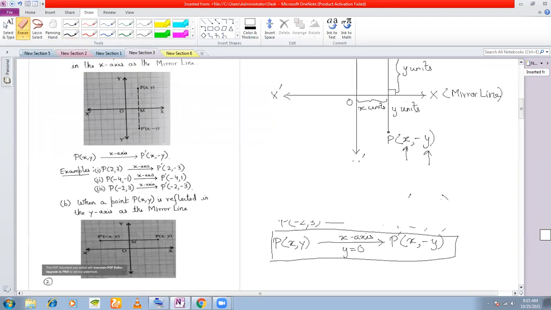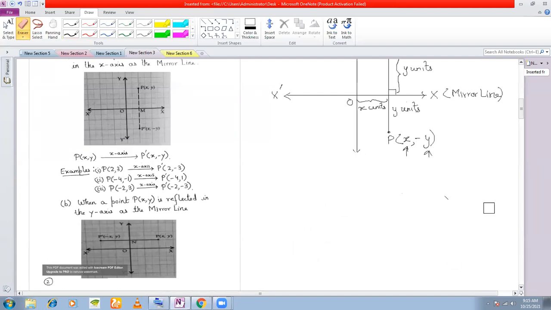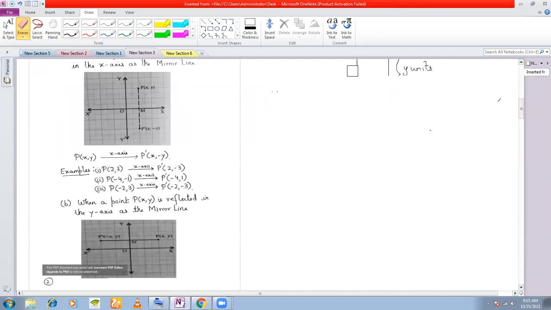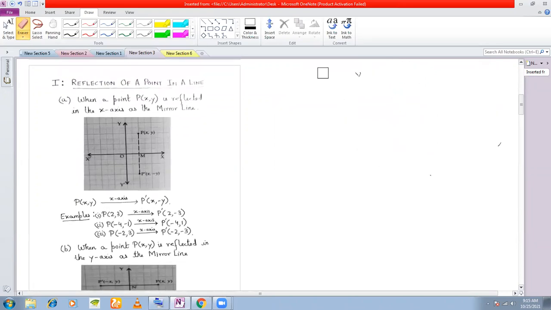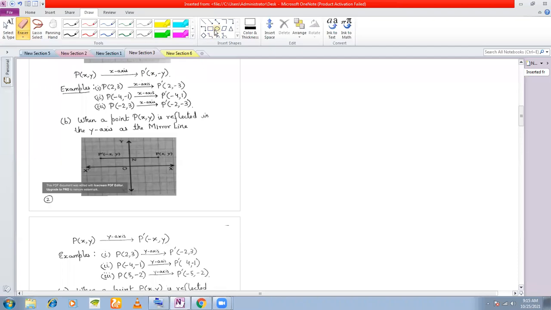Next, reflection of a point in the y-axis. How do you reflect a point in the y-axis? The concept is exactly similar to the one just discussed. Suppose I give you a point here, P(x, y), and you want to reflect this point with this as your mirror line.